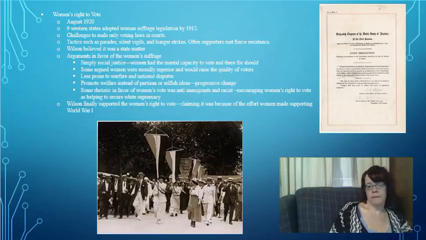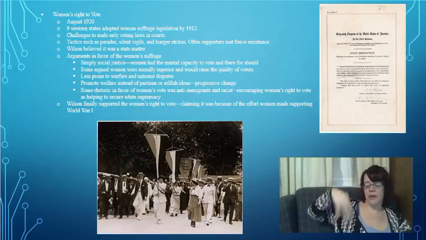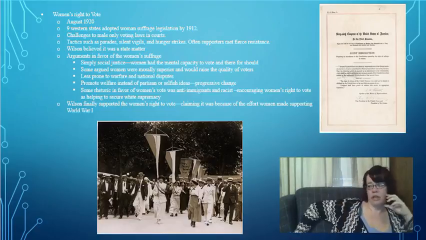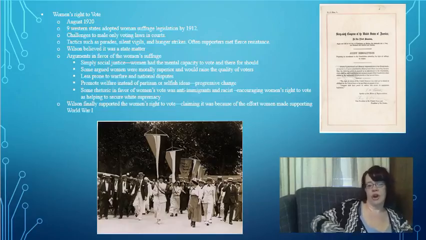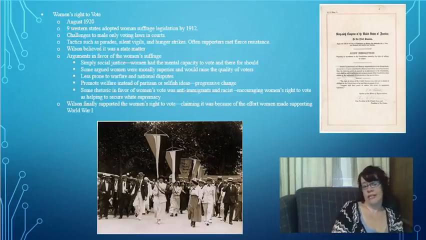So that's the argument I think we would expect, this argument that women should be citizens. They are smart enough to do it, and therefore they should. But then some of the other arguments are interesting, because they actually argue that women are special and different, and that's why they should have the right to vote.